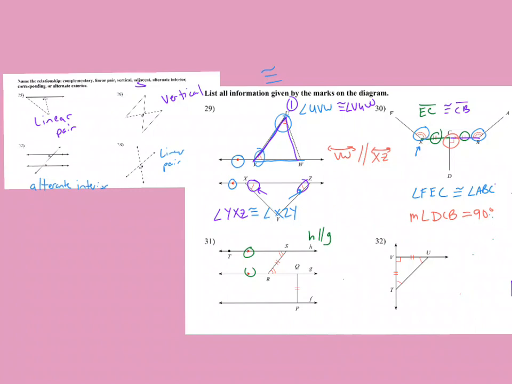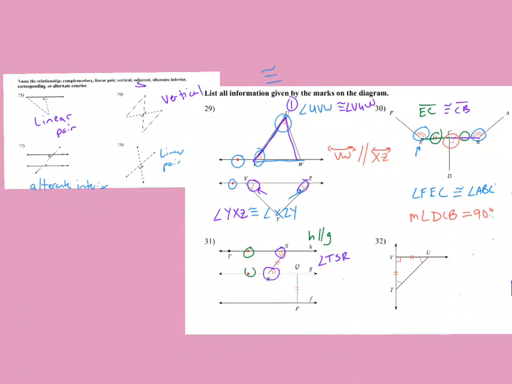Now, I see angles, right? So I'm going to say angle TSR. Remember, that means I'm talking about T to S to R. So I'm talking about this angle right here. And then I'm going to say SRQ or QRS.